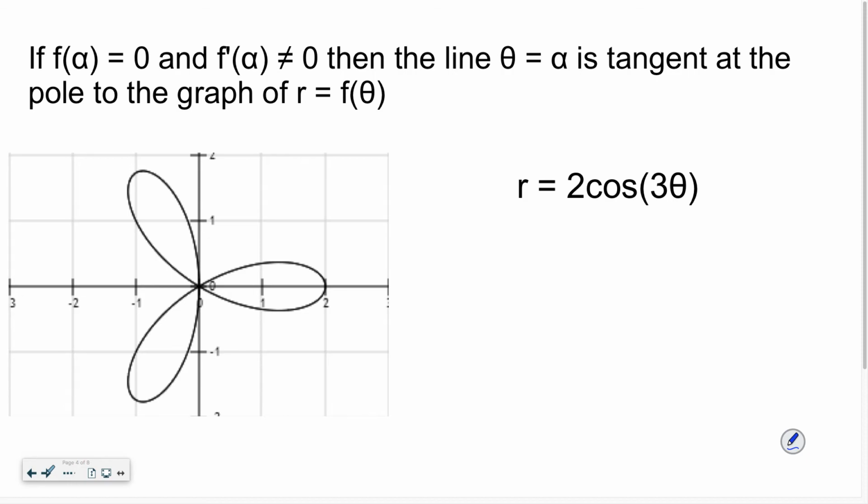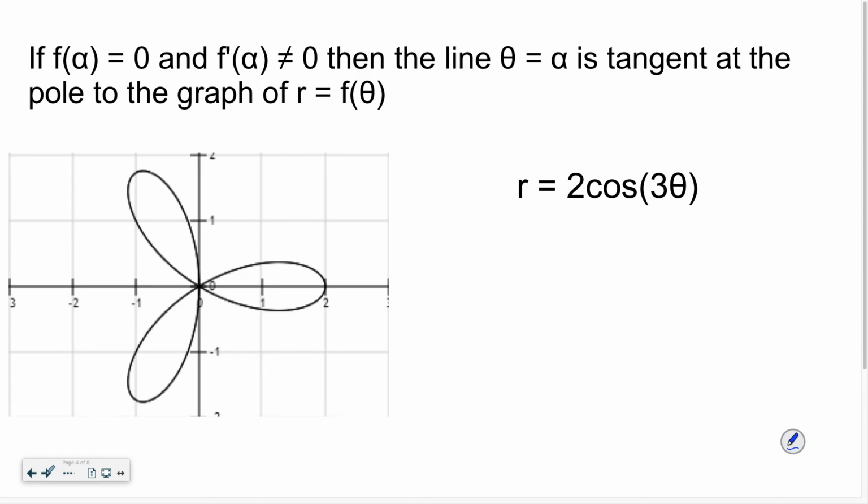But if r is 0, we're at the pole. So we're trying to find theta, but r is equal to 0. Basically, if you're at the pole but your derivative isn't 0, then your tangent line is just theta equals this value, and it's tangent to the curve.